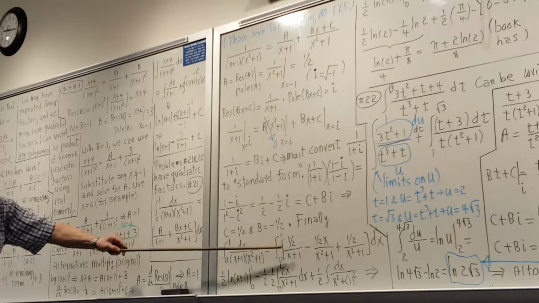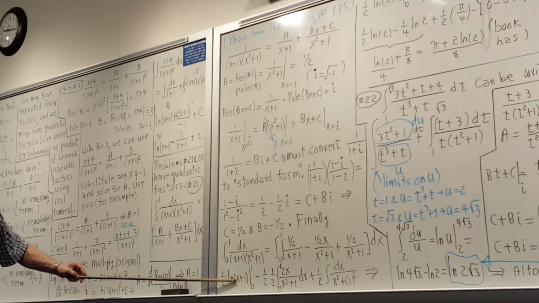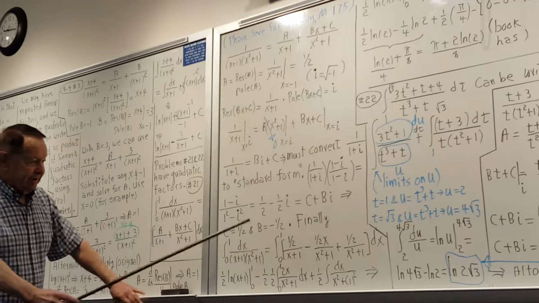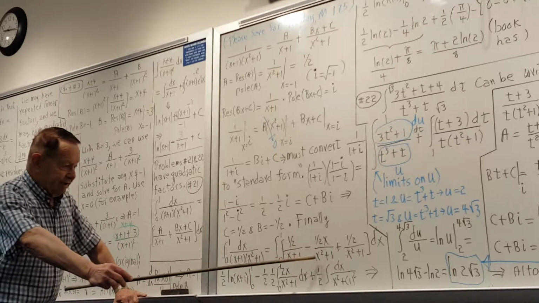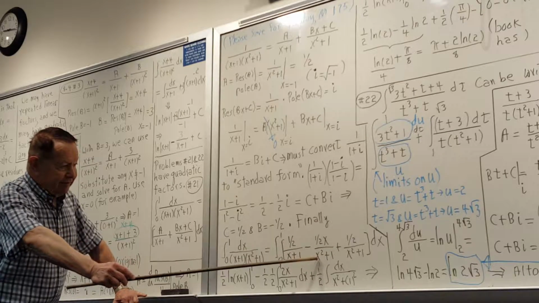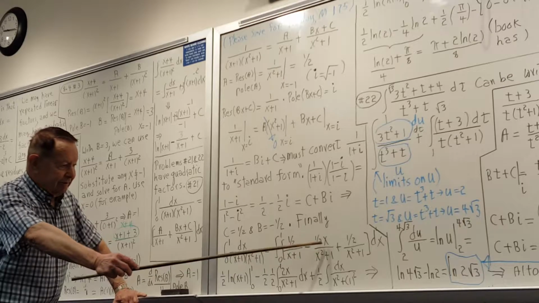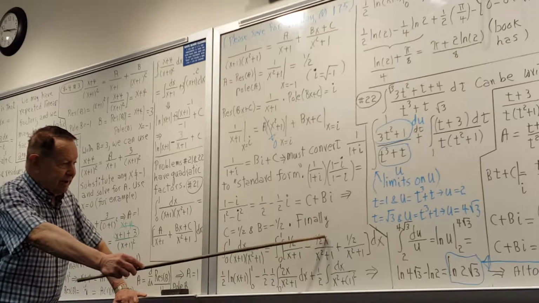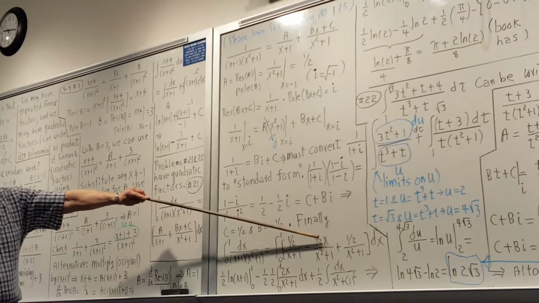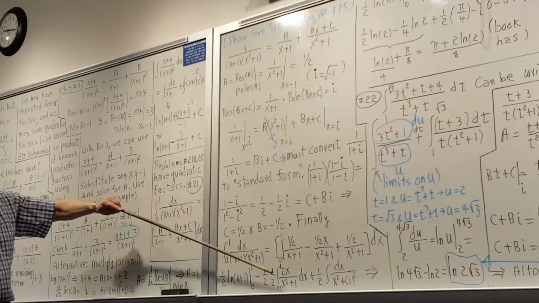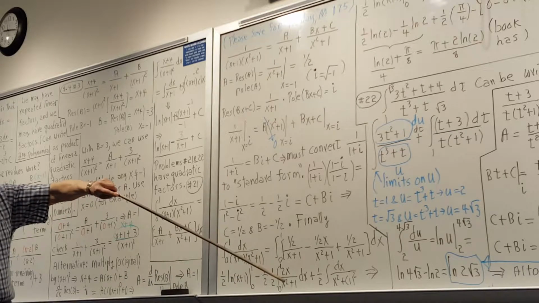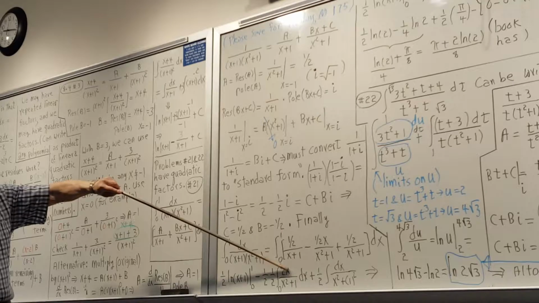So this first one is going to give you a half log x plus 1. This next one, you see I have x squared plus 1. If I'm going to call that u, then I want 2x dx for my du. So I've multiplied and divided by a 2. That's this 2 and that one. So that if this is u, that's du.